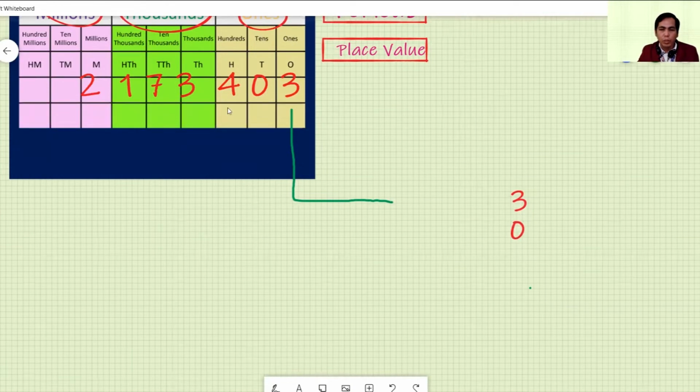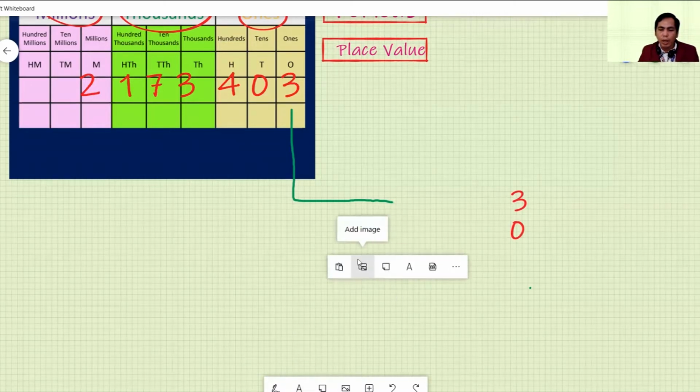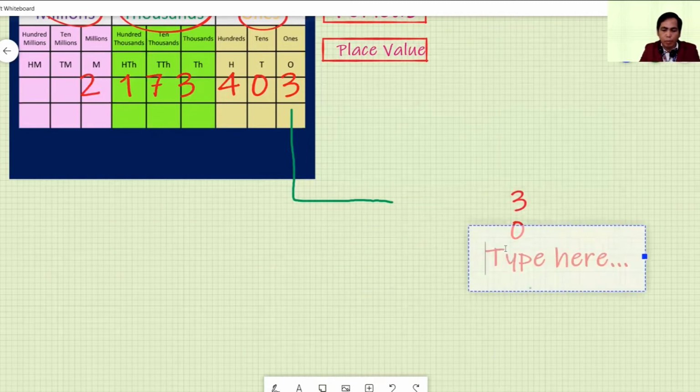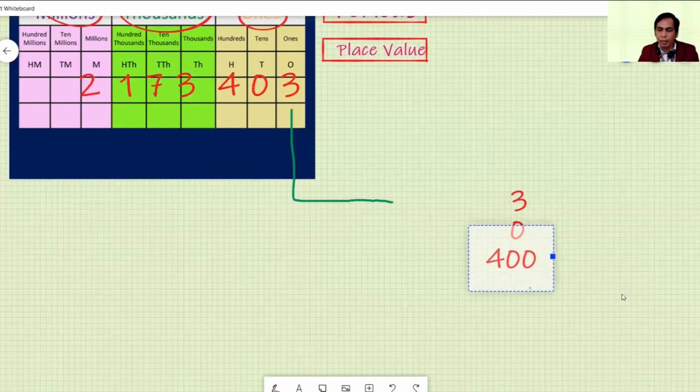The digit 0 has a value of 0. While the 4, which is found in the hundreds place, or 4 hundreds, has a value of 4 times 100, which is equivalent to 400. So the 4 has a value of 400.